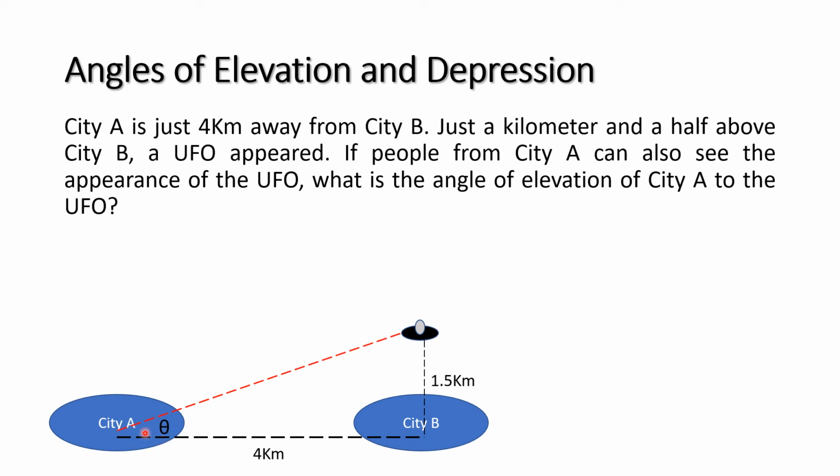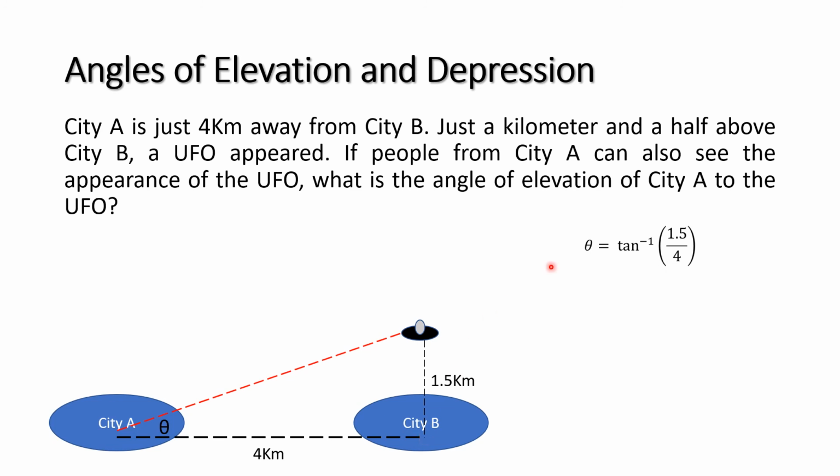If this is our angle, therefore, the distance between City A and City B will be our adjacent side, and the height of the UFO above City B is our opposite side. And again, we can use the trigonometric function tangent to solve for the angle of elevation.